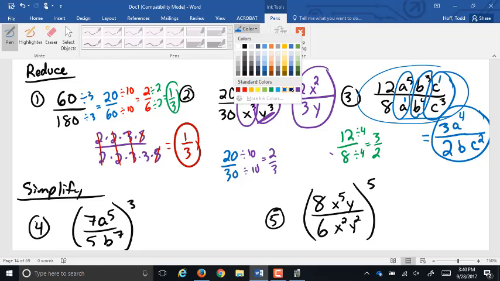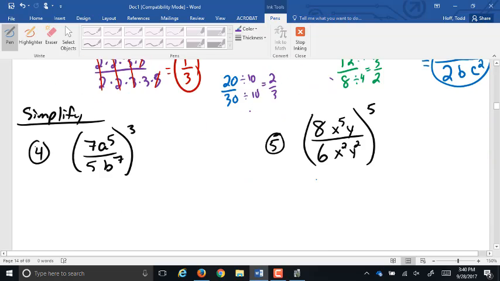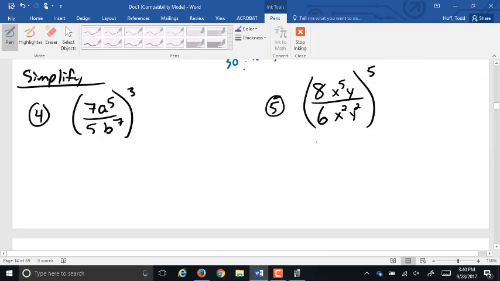Okay, well then, let's go down to these bottom two for simplify. 7a to the 5th over 5b to the 7th, and this is all to the 3rd power. First thing we should look for, is there anything we can reduce inside that parentheses? The answer is no. We can't.